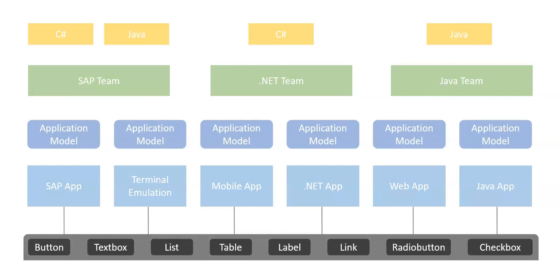And UFT Developer allows you to provide these application models for those different apps to all the different teams. So as a Java tester or Java engineer, I can make use of all the SAP models, the mobile models, web models, and write test cases built on top of Java. Then as a .NET engineer, I can use the same models and write my tests in C#.